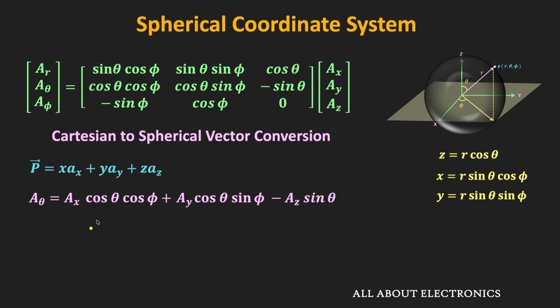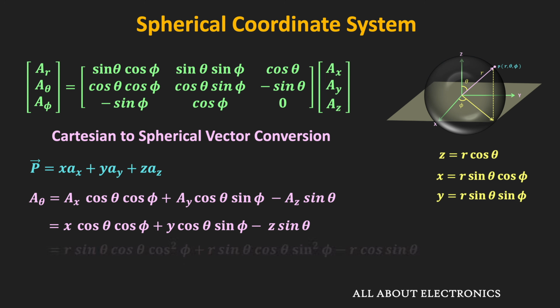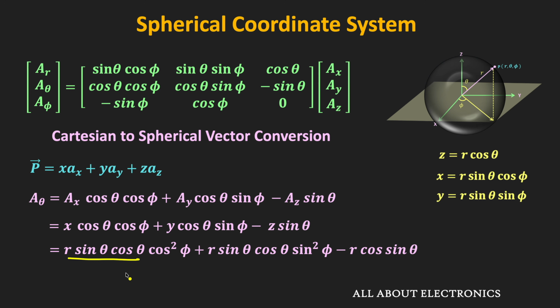Once again, the values of AX, AY and AZ will be equal to X, Y and Z, so let us put in the values of X, Y and Z. If you further simplify it, in the first two terms sin² φ plus cos² φ will become 1. That means we will have R sin θ cos θ. And the second term is equal to minus R sin θ cos θ. That means these two terms will get cancelled out, and we can say that Aθ is equal to 0.